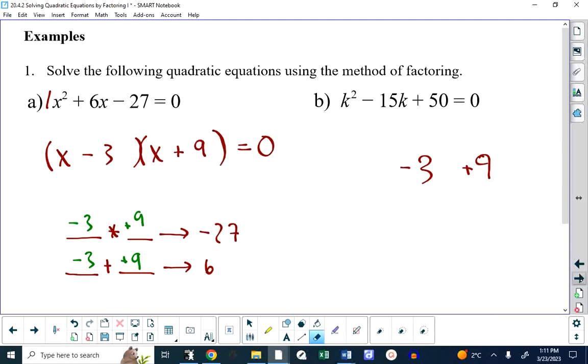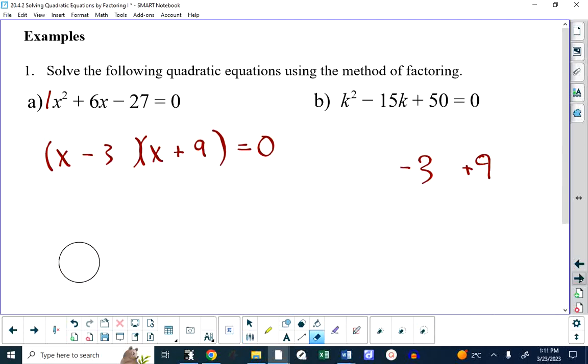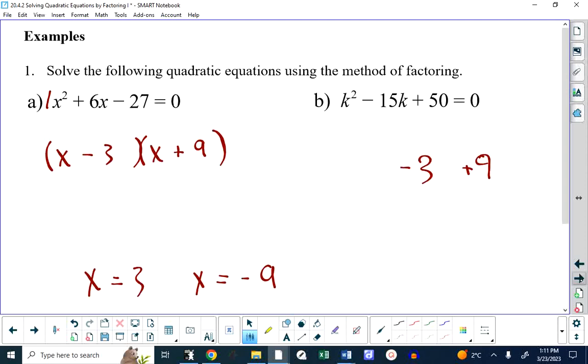And here's the part that I need you to get used to doing. All that other stuff, you don't need to show that. That just probably goes on in your head. I do not want you at this point just putting this. I don't want that. By the way, this is wrong as well. It's an equation. It needs to be equal to 0. Okay? So this equals 0. What you need to write is this.